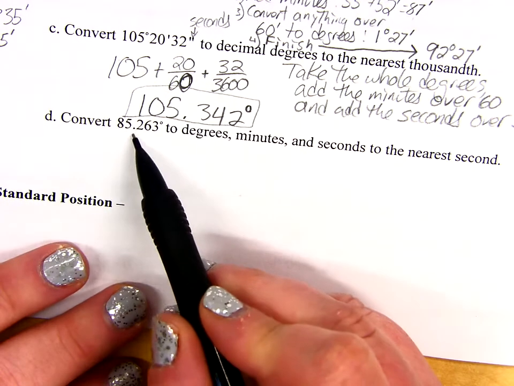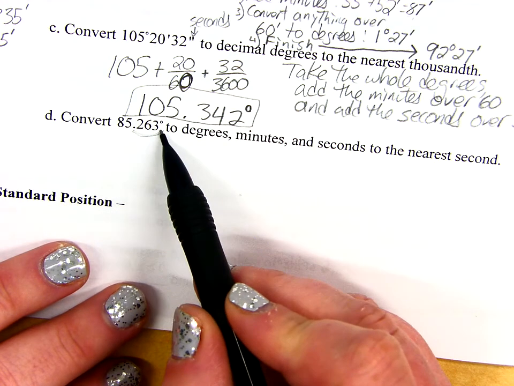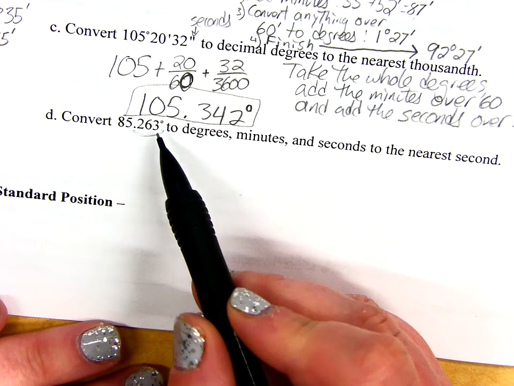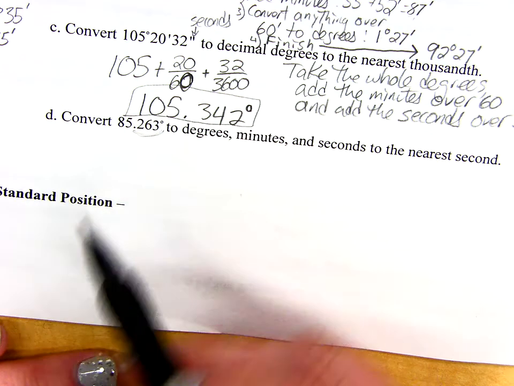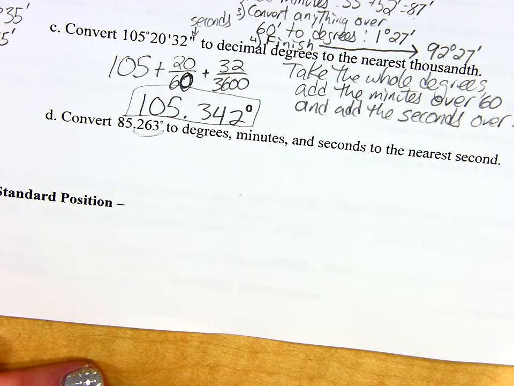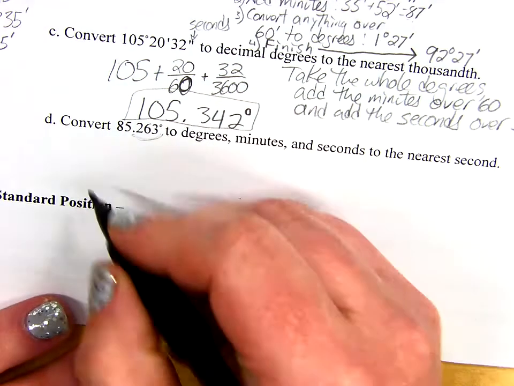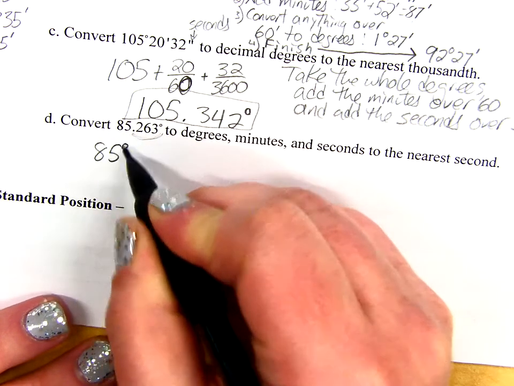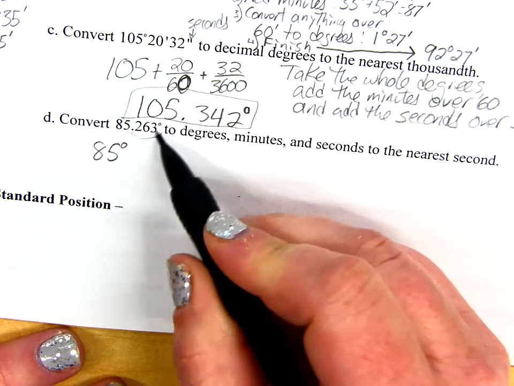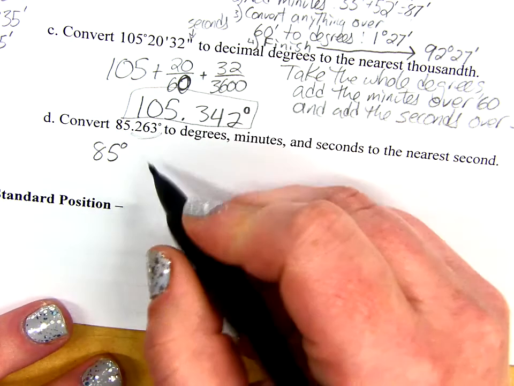I need to take this decimal, right? That's the fraction of a degree that I have, and I'm going to multiply it by 60. And that's going to tell me how many minutes I have. Maybe I'll have seconds too. I don't know. We're going to find out. So I know I have 85 whole degrees, right? Now I have to take the decimal and times it by 60.